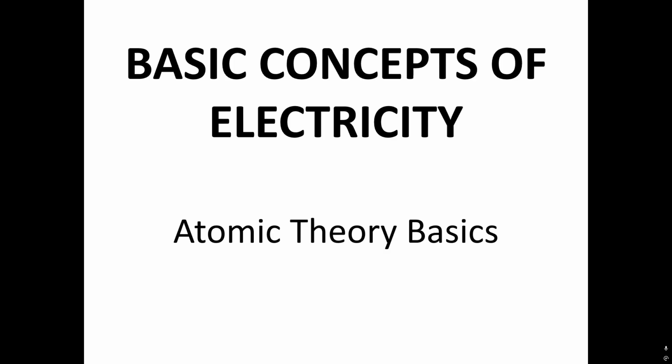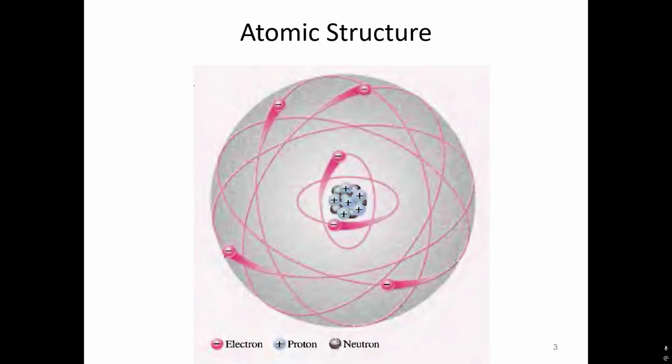Basic concepts of electricity, atomic theory basics. So this is atomic structure. An atom has a nucleus at the center, and surrounding the nucleus we have circulating electrons in various orbits.